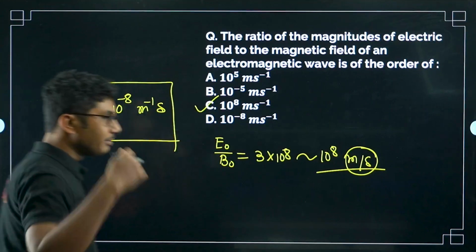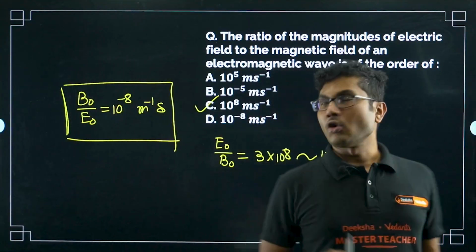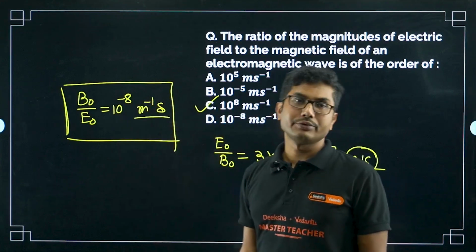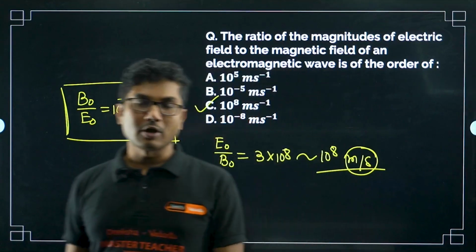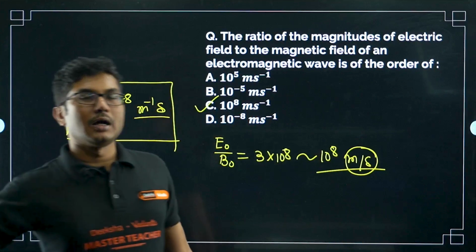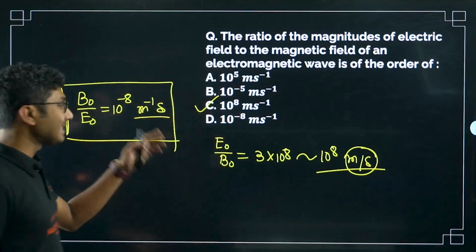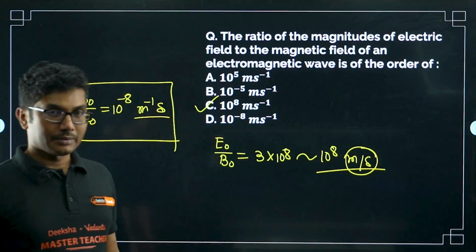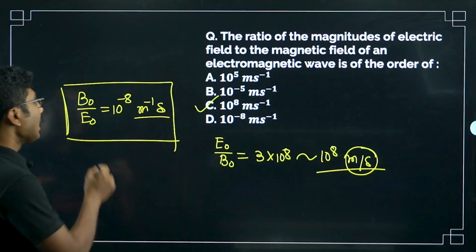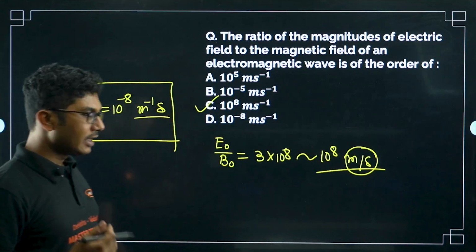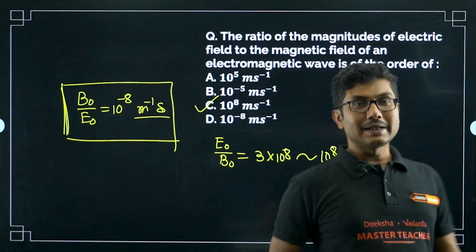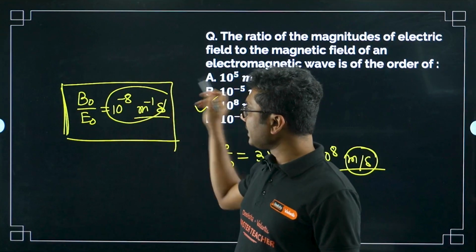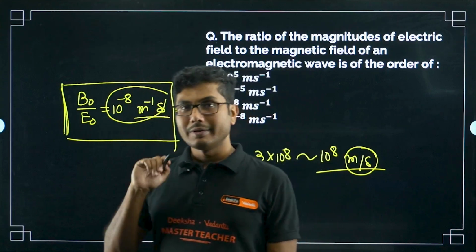If they say B naught by E naught, then not only does the power of 10 become negative, the unit also reverses. So you have to identify that, because if they ask for magnetic field by electric field, the order will be 10 to the power of minus 8 and the unit will also reverse.